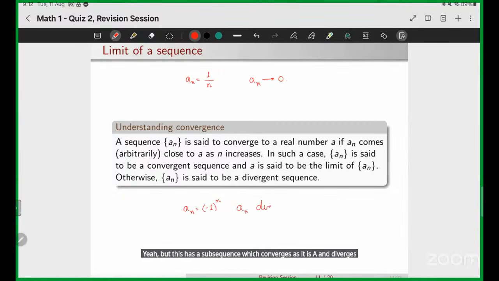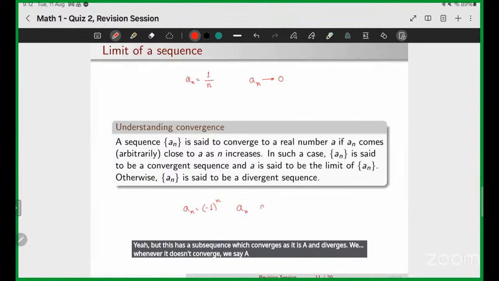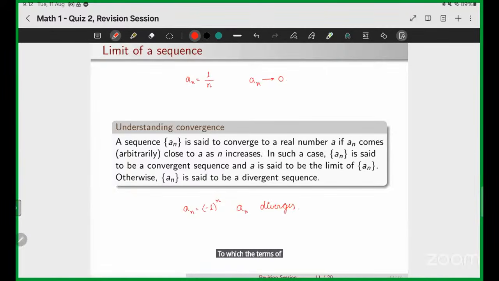Whenever it doesn't converge, we say a_n diverges, because there is no one single real number to which the terms of the sequence converge, right? So we say a_n diverges. And what about if I only pick the even numbered terms of this sequence?